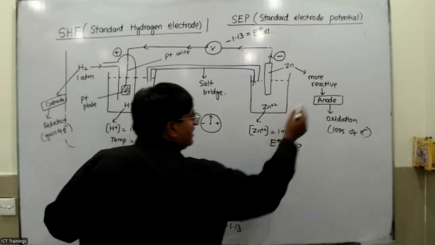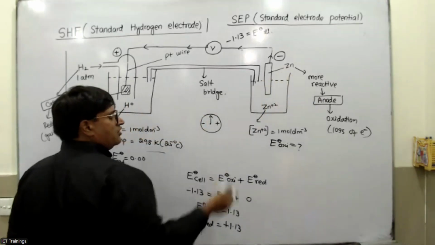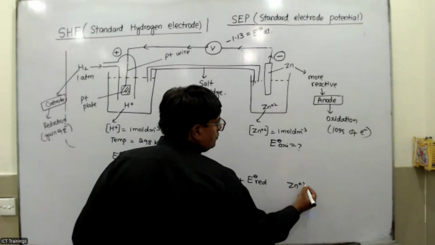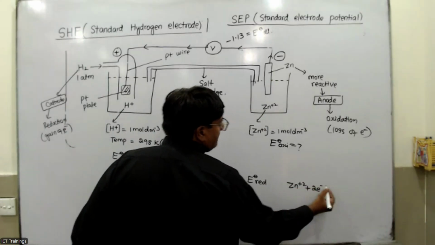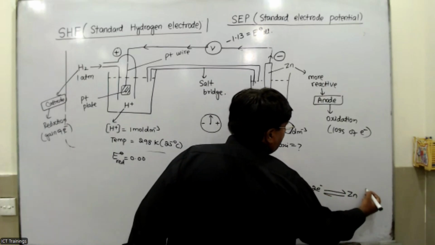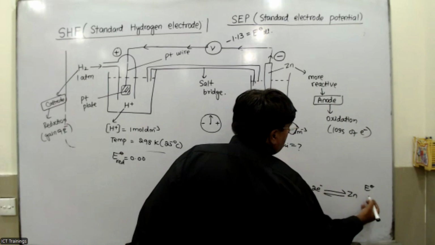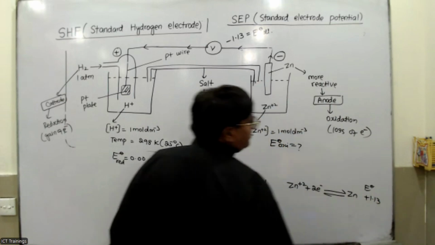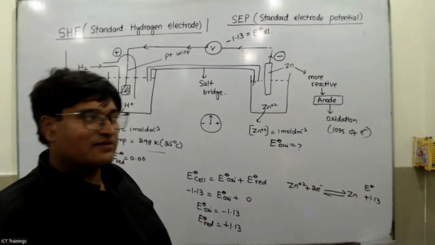Now we should take the equation for reduction for zinc: zinc 2 plus plus 2 electrons forms zinc, and its E naught value, positive 1.13, you should note in the data booklet if you don't have the data booklet value.